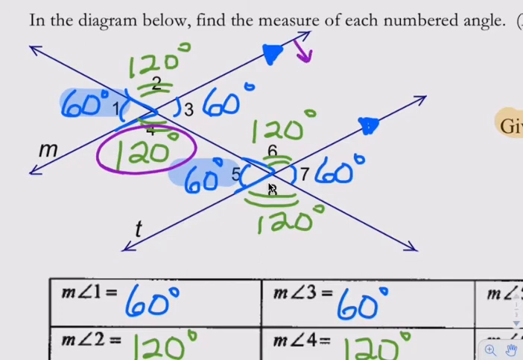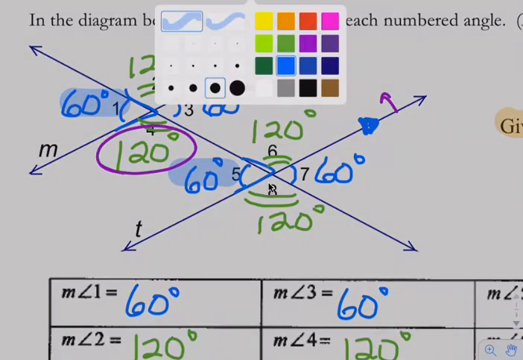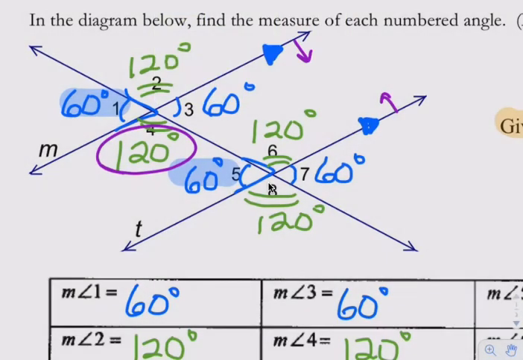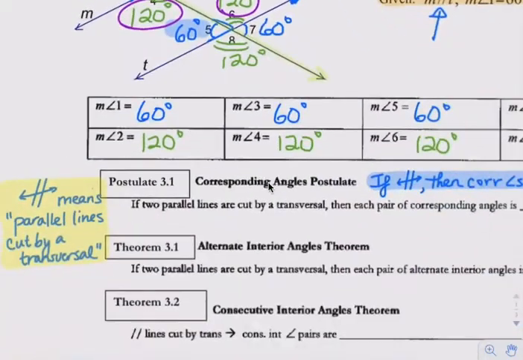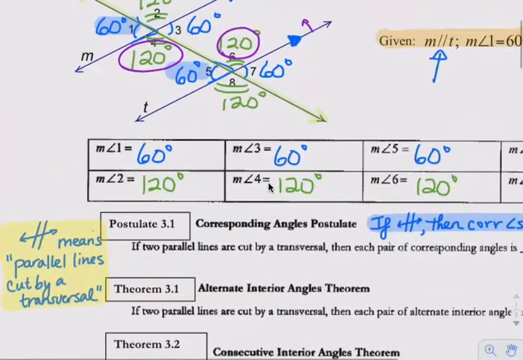So in between the two parallel lines, on alternate sides of the transversal, and in this picture, your transversal would be this line right here. Okay, so angle 4 and angle 6 would be alternate interior. How are they related? Well, 120 and 120, they're congruent.